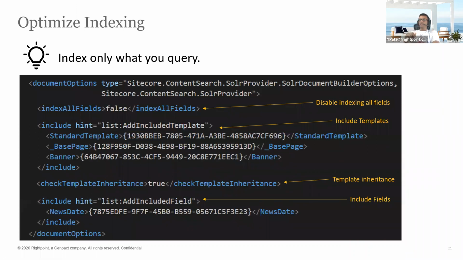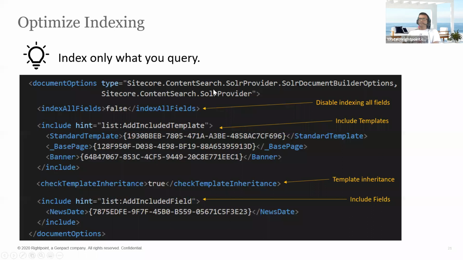Next is indexing optimization. There are multiple reasons why indexing optimization is essential. I have faced a couple of times, because of some bugs on our side or due to some infrastructure problems, that we needed to rebuild the index, and sometimes it may take a lot of time, and that also affects the performance of the website, because indexing itself is a costly operation and it can affect the performance of the CM instance as well.